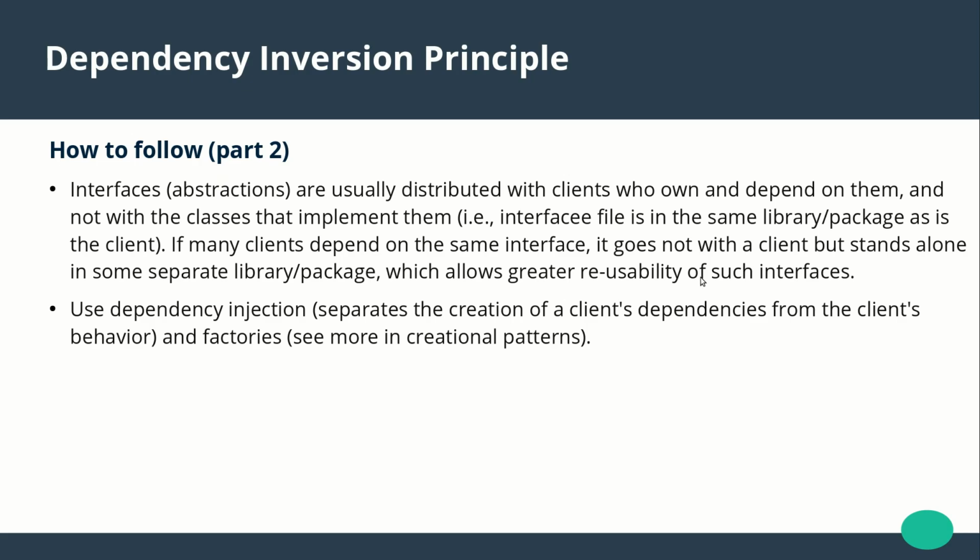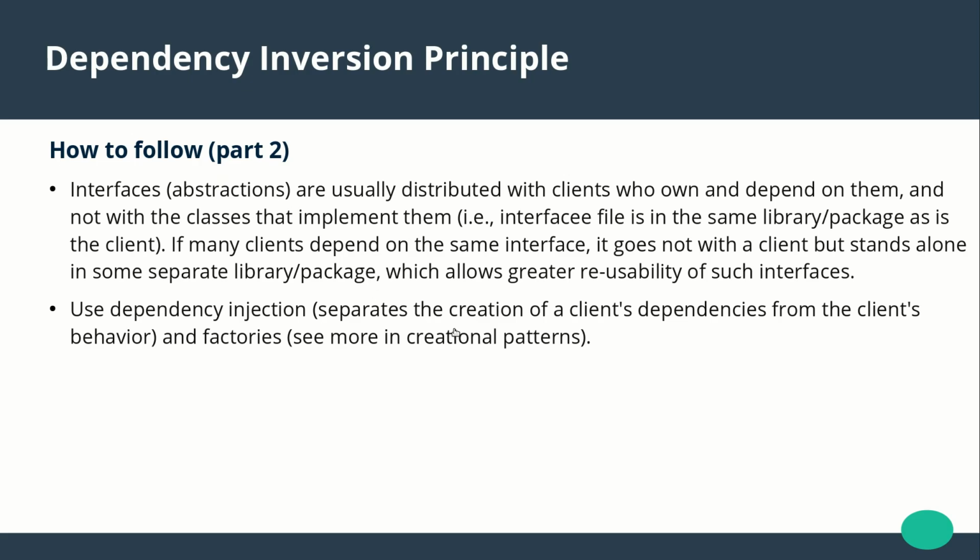And also we use what is called dependency injection. Dependency injection basically means that we separate the creation of the client's dependencies from the client's behavior. So the client doesn't create its dependencies. And we also use factories. You may find more information on factories on the internet or in other courses.